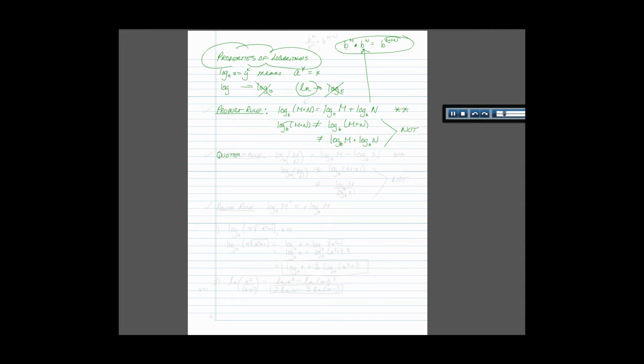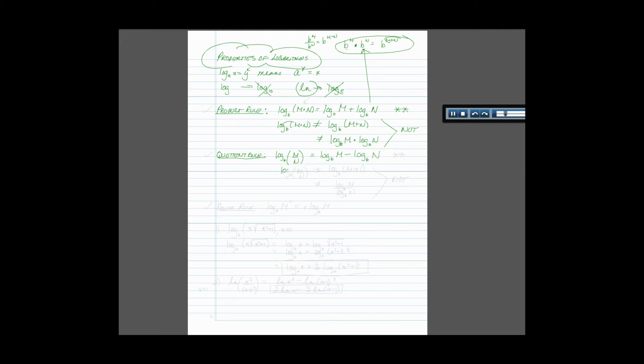Let's look at the quotient rule for logs. And we have the log base b of m over n. Now again, think about what it was for exponents. It would be the base to the m minus n, right? It's exactly related here. It's the log base b of m minus the log base b of n.